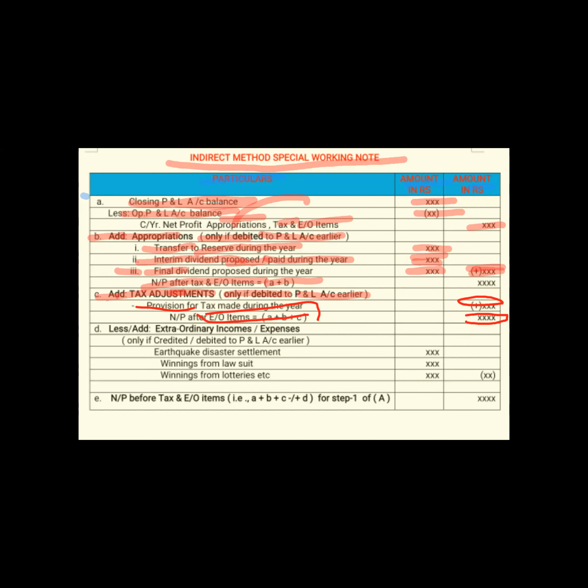Extraordinary items means any earthquake, disaster, or any lawsuit winning or winning from lotteries, like that, which are not generally related with the operating activity. These things we will less or add. If you have a loss, you will add back, or if you have any gain, you will deduct it.